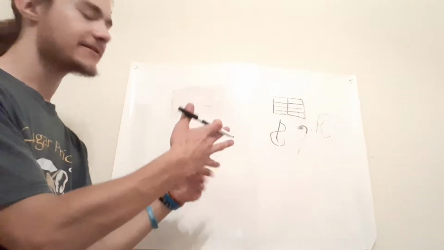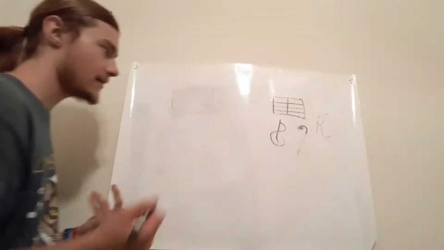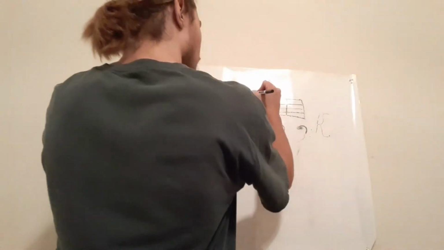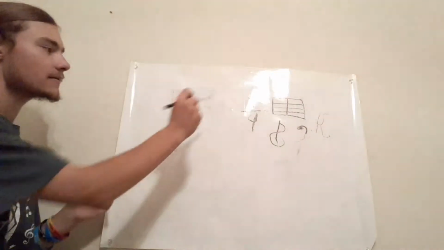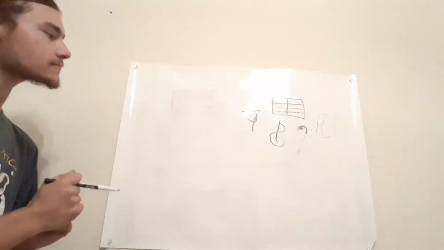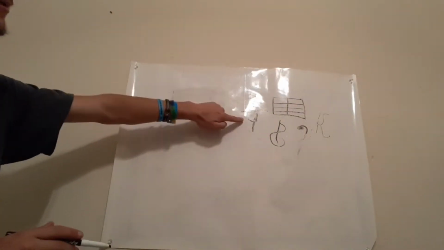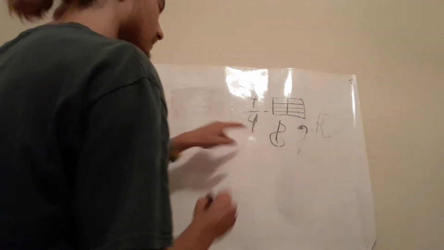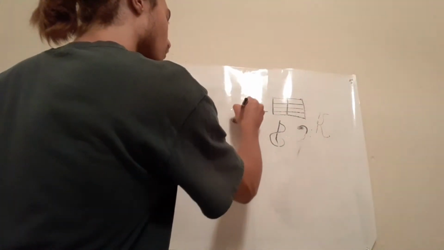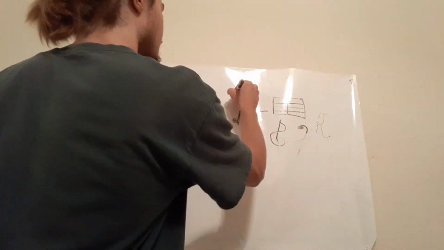I'll use 4/4 for example. 4/4 means there are 4 beats in a measure, and that 4 means one quarter note. A quarter note gets 1 beat, and there are 4 beats in a measure.